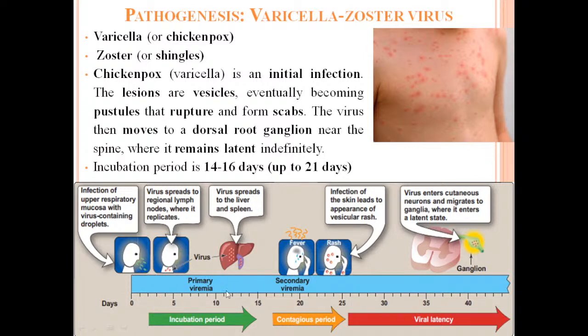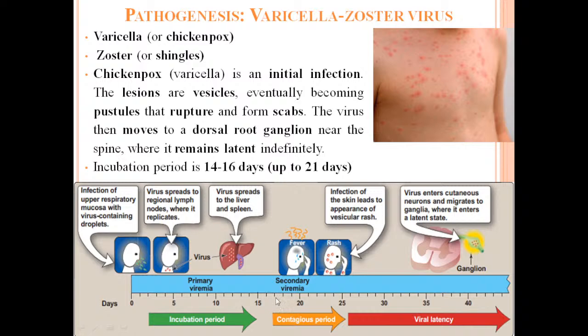The incubation period, we have said, lasts from 14 up to 16 days, up to here. During the incubation period there are no clinical symptoms. It is impossible to know whether the child is infected or not. Then the second one is the contagious period that starts in the middle, from the 16th, 17th day.